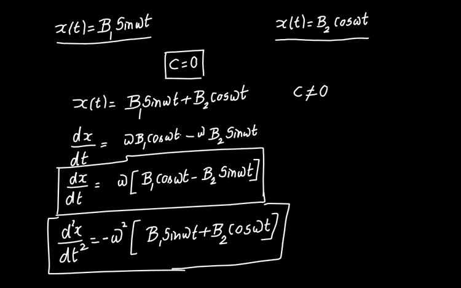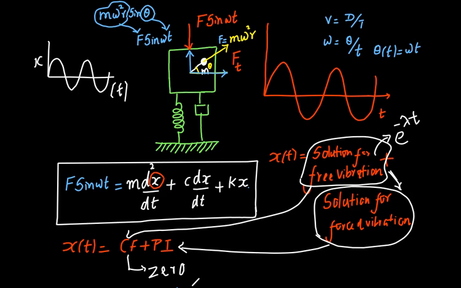Now we have x of t, we have dx by dt, we have d squared x by dt squared. So that is what is demanded in the governing differential equation. You need to substitute d squared x by dt squared, dx by dt, and x in this particular governing differential equation. Let us substitute that.